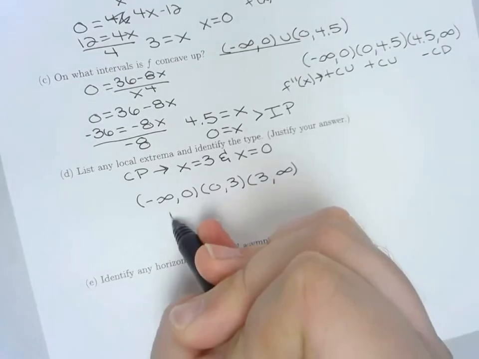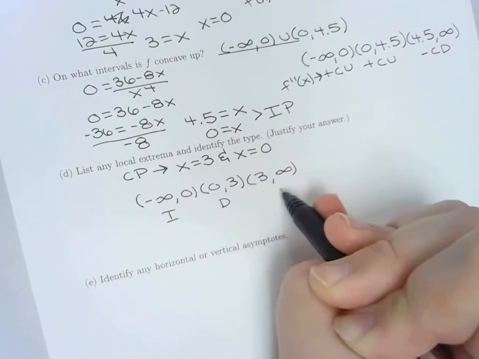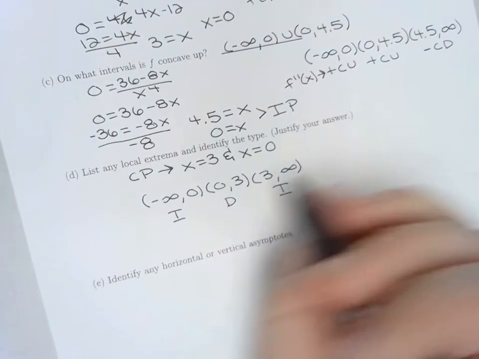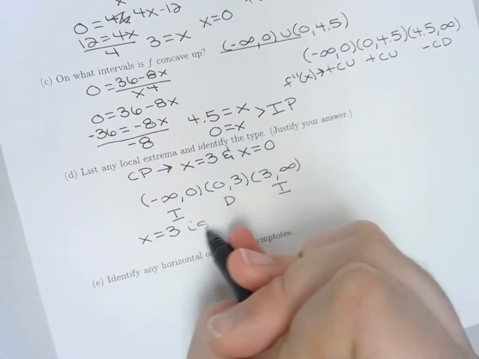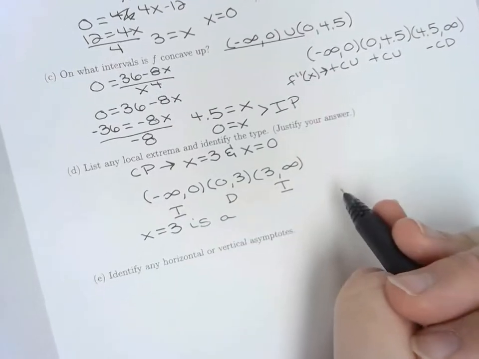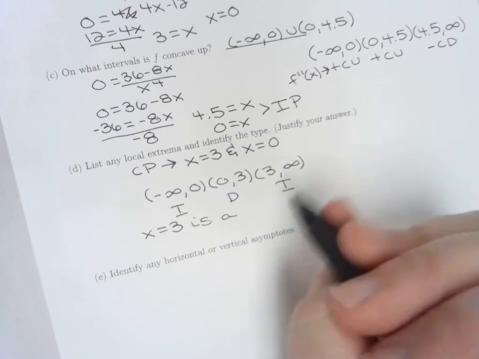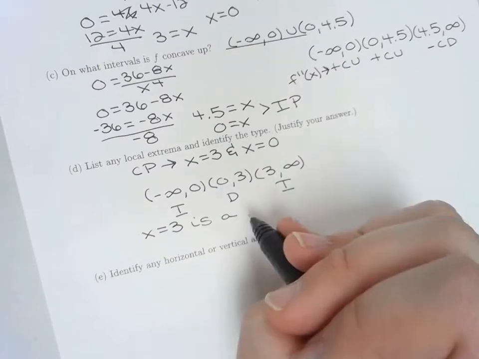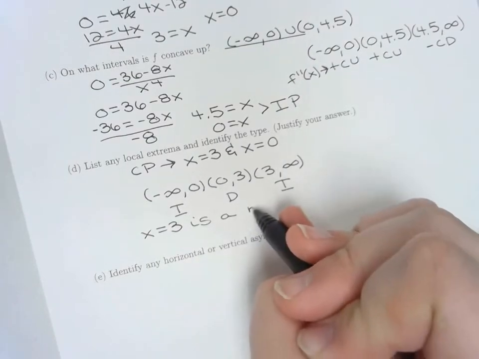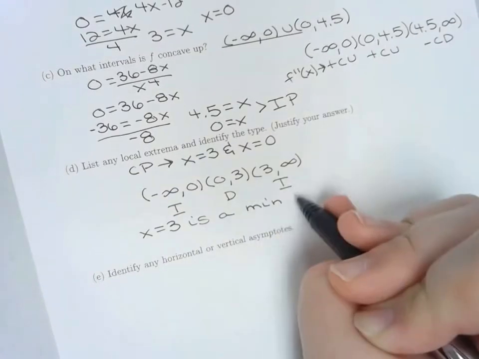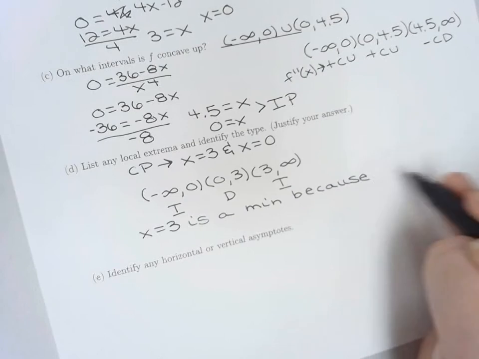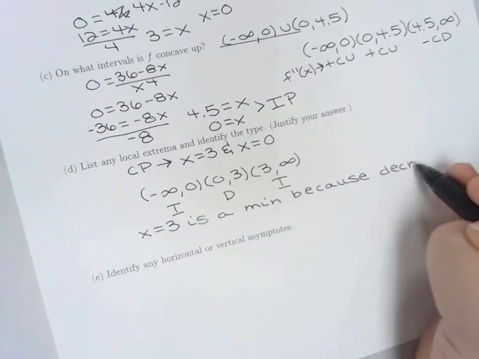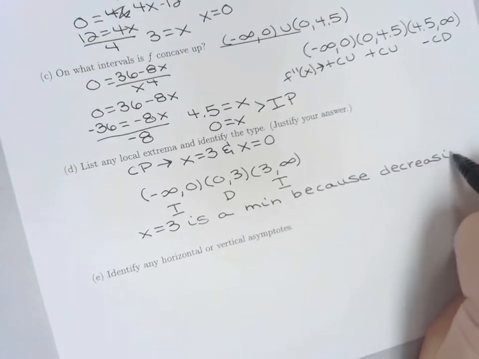Yeah, I'm checking points. And say x equals 3 is a max or min? Minimum. Min, because it goes from decreasing to increasing.